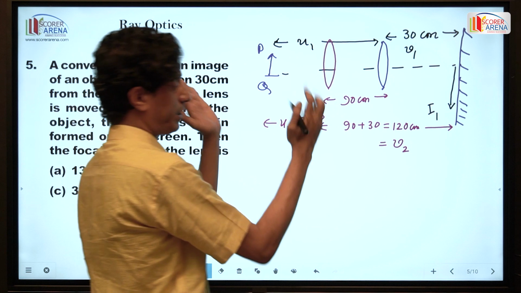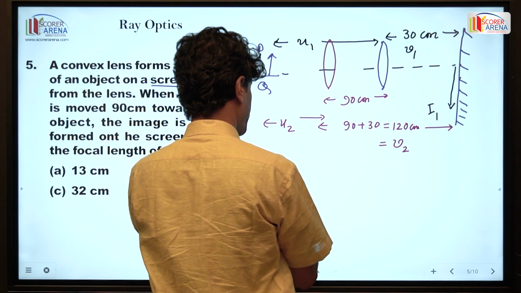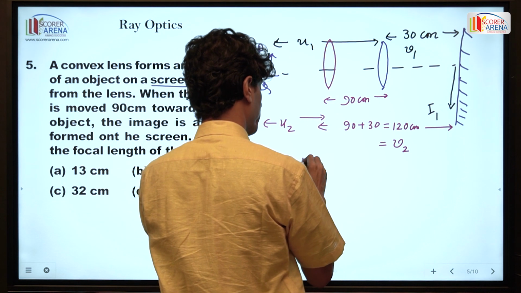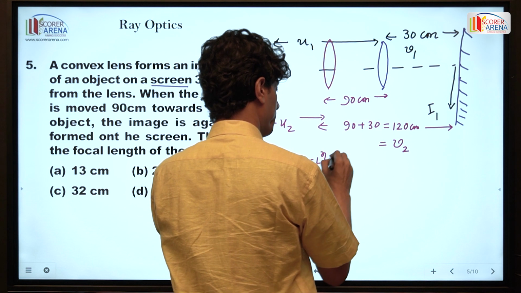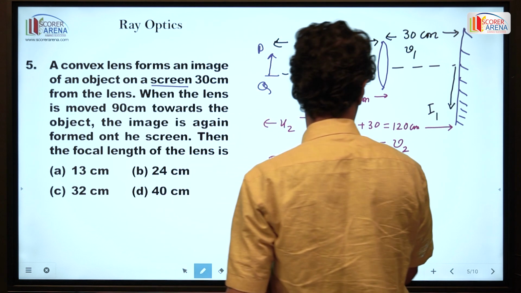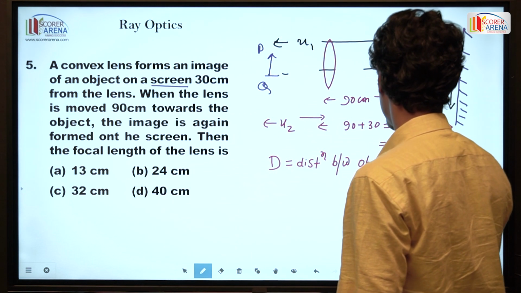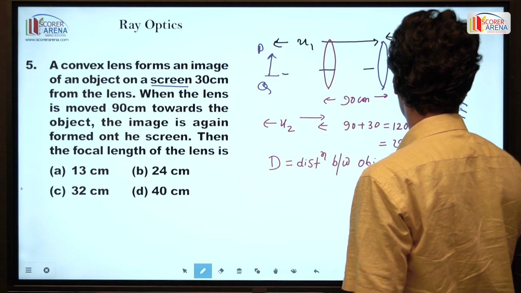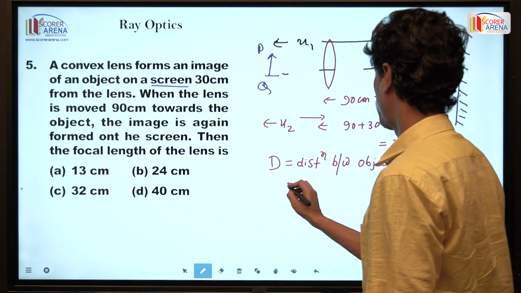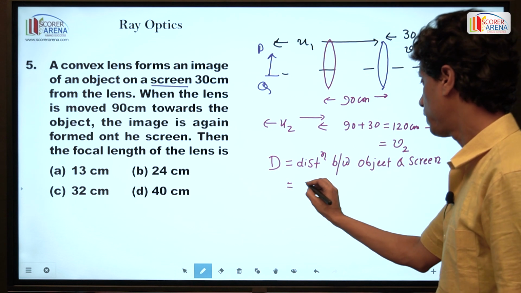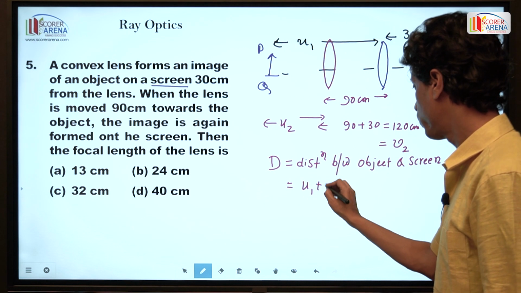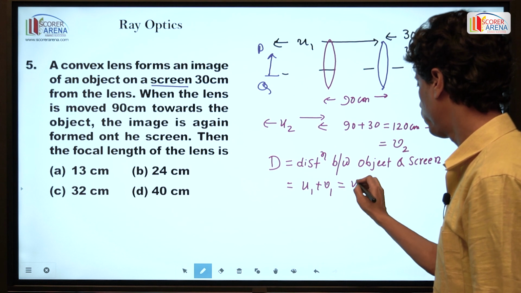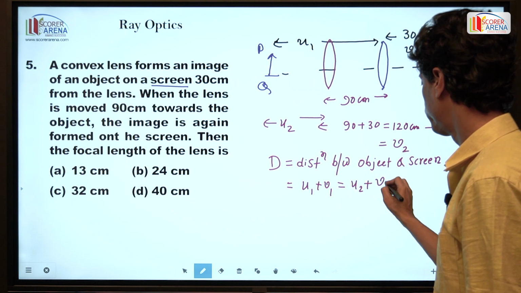So the distance between object and screen is equal to, we can say, U1 plus V1 is equal to U2 plus V2.